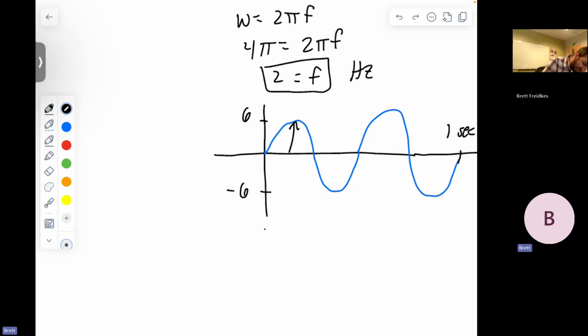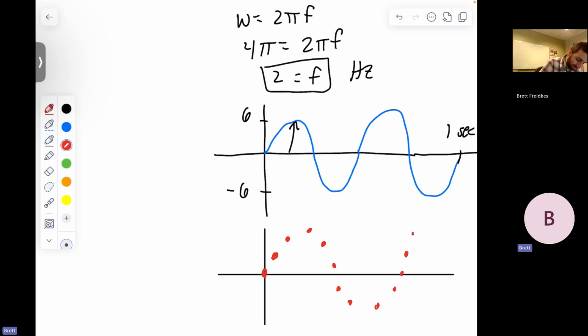So really what that means is if I were to go ahead and try to replicate the signal, instead of seeing a continuous sine wave, I might see some points that I am sampling at 40 times per second.